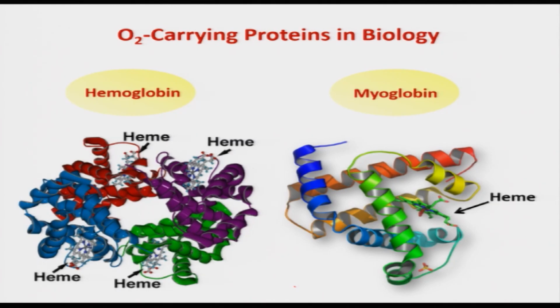But the important point I would like to emphasize is that the heme unit is so small, and inside the heme center this metal is there, but most of the part is covered by a large amount of protein wrapping the molecule. In myoglobin, which is a monomer, still a large amount of protein is wrapping this molecule, and dioxygen only binds with this iron, although iron is present only in very small amount.